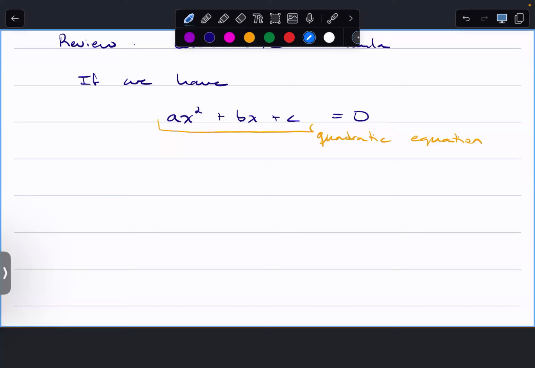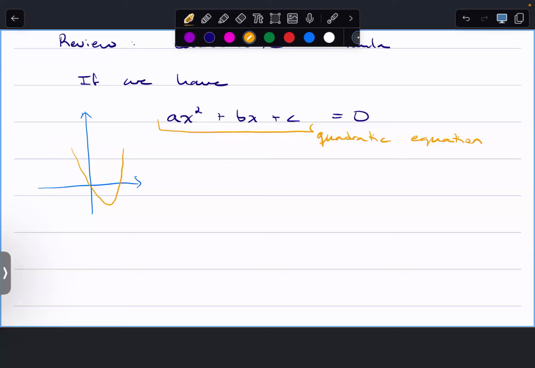And you might remember a parabola x squared looks something like this. And I can move it around and have it in different places. I can have it like this, for example. So what am I doing?